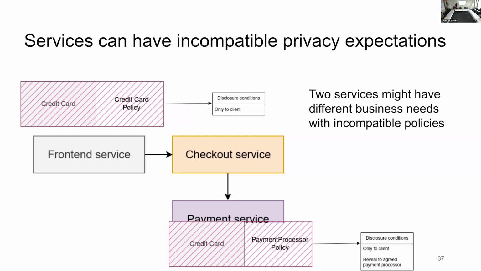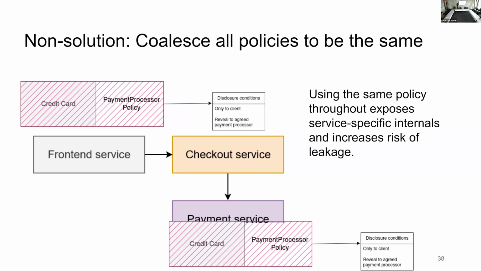So one solution here, which is a non-solution, is to simply ask the front-end service and the checkout service to also use the payment service policy. So now the front-end and checkout service developers say, okay, I agree to also reveal the data if I need to contact a third-party processor. That's a non-solution for two reasons. One, it can reveal service internals.